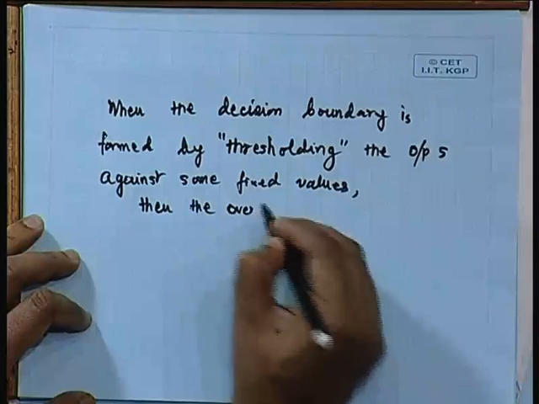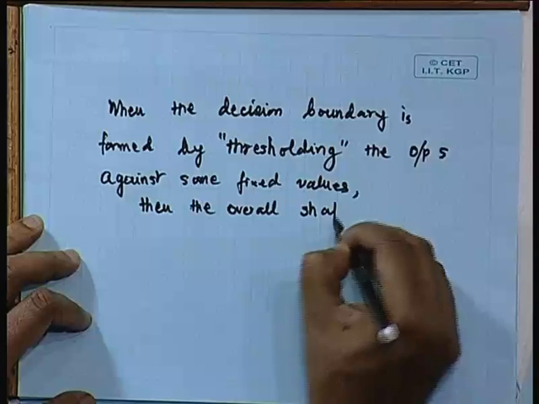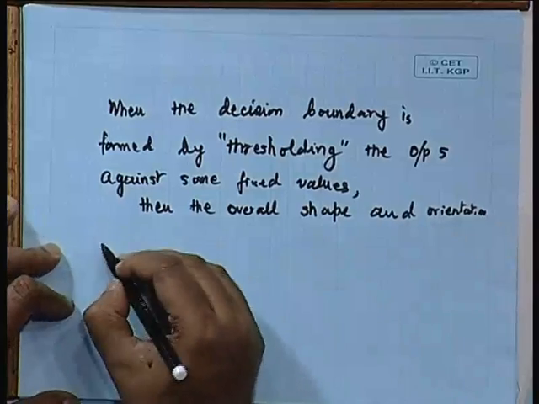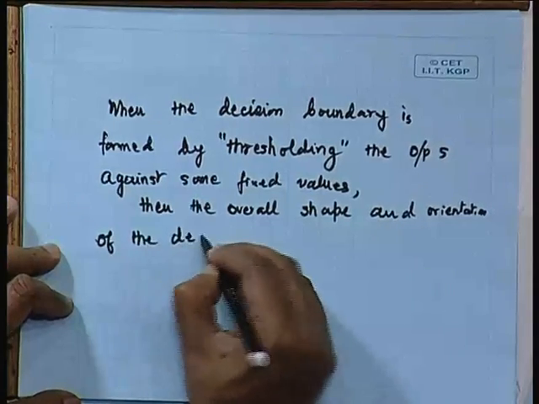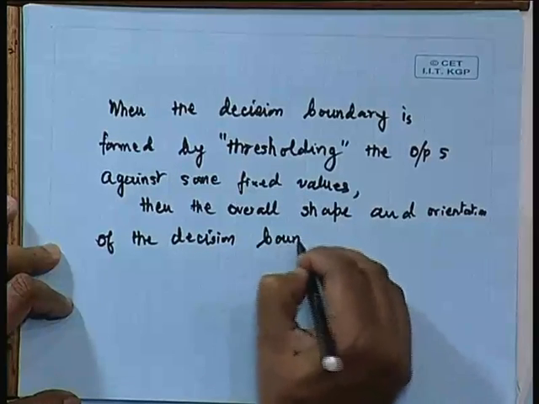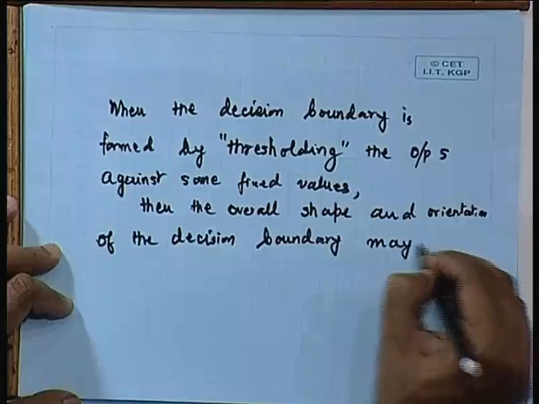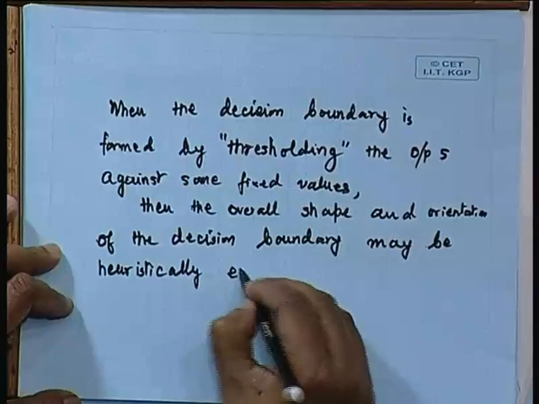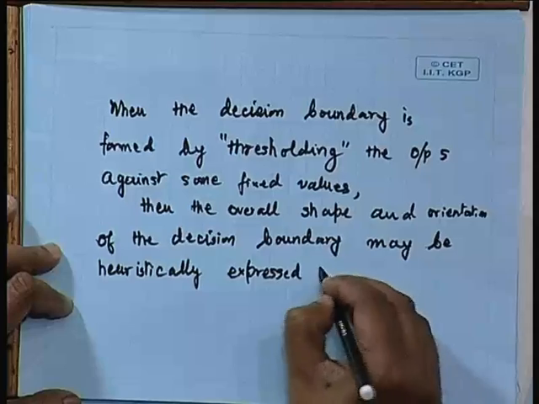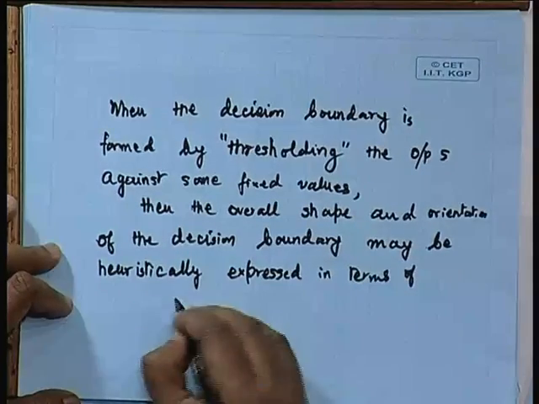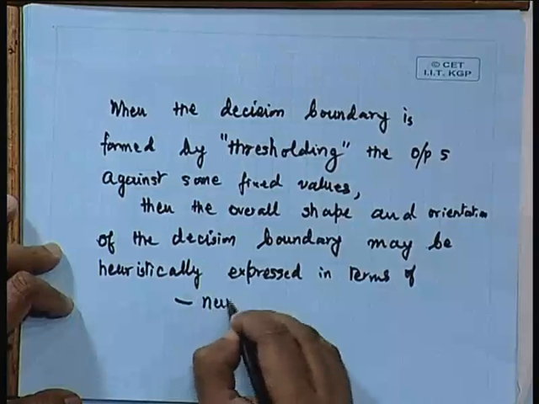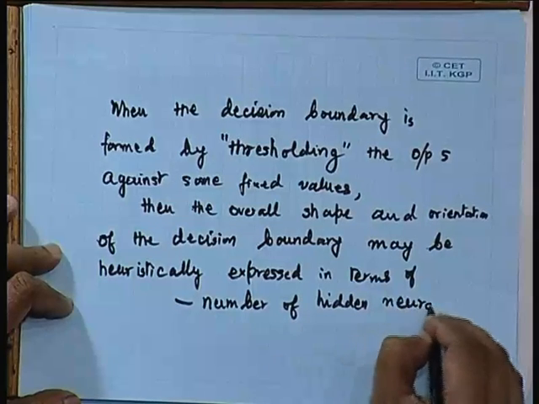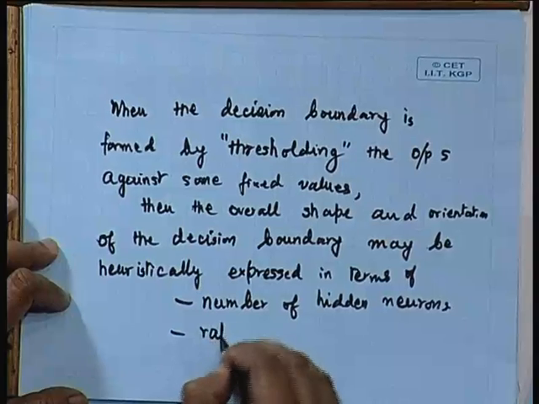the overall size, shape and orientation of the decision boundary may be heuristically expressed in terms of the number of hidden neurons and in terms of the ratios of synaptic weights.